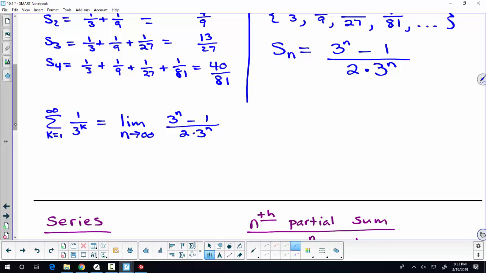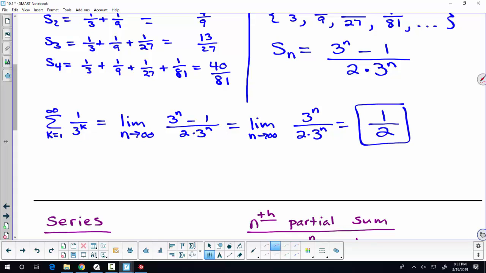So what does that limit equal? 1/2, yeah, it's leading term over leading term. So this is equivalent to computing the limit as n goes to infinity of 3 to the n over 2 times 3 to the n, which is 1/2. So our conjecture is that it converges to 1/2.